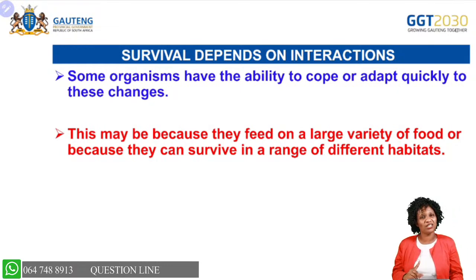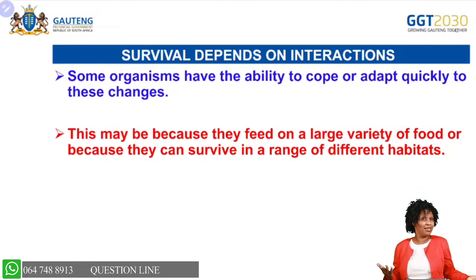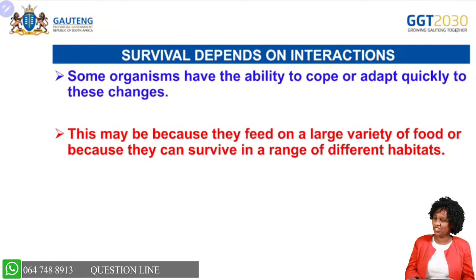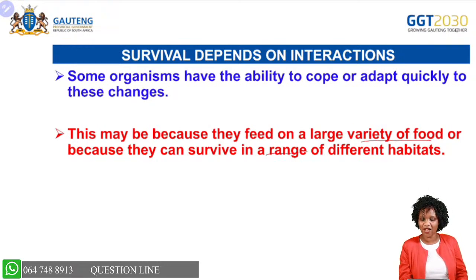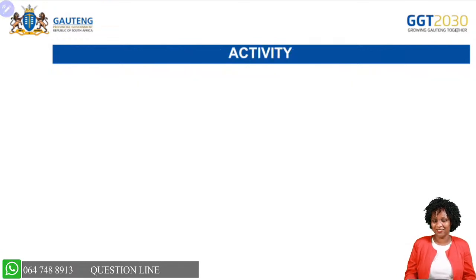Because if they don't change, what's going to happen? They die. Therefore, there's need for change. This may be because they feed on a large variety of food or because they can survive in a range of different habitats. Do you understand that?